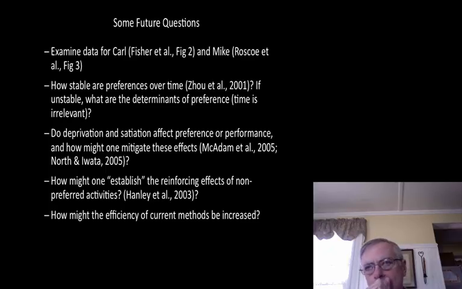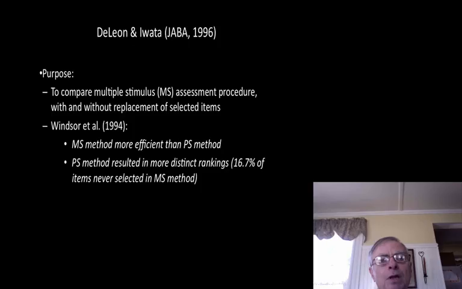Frankly, the rate at which publications on preference assessments have been coming out in the literature since Pace's original article has tapered off, and there's very few preference assessment studies being published anymore. It was a very ripe field for a long time, not so much anymore.